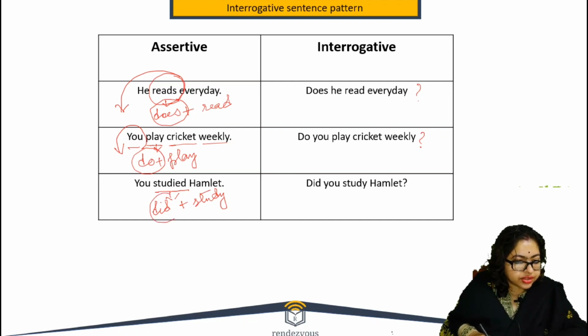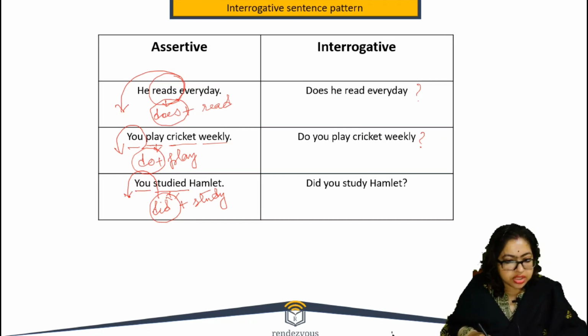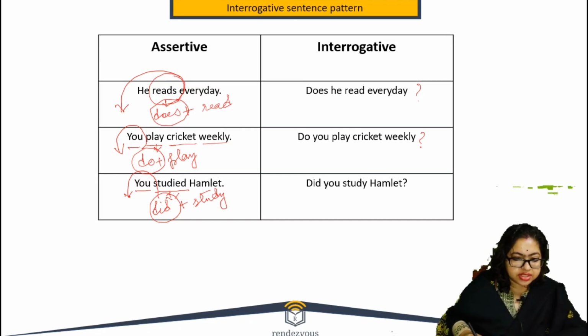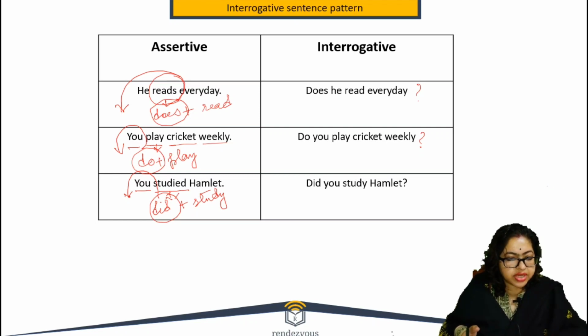Again, here did is the auxiliary verb, and the rule is I have to put this did before the subject, which is you here. So the sentence becomes, did you study Hamlet? These rules that I have written here are to make you understand this in a better way.